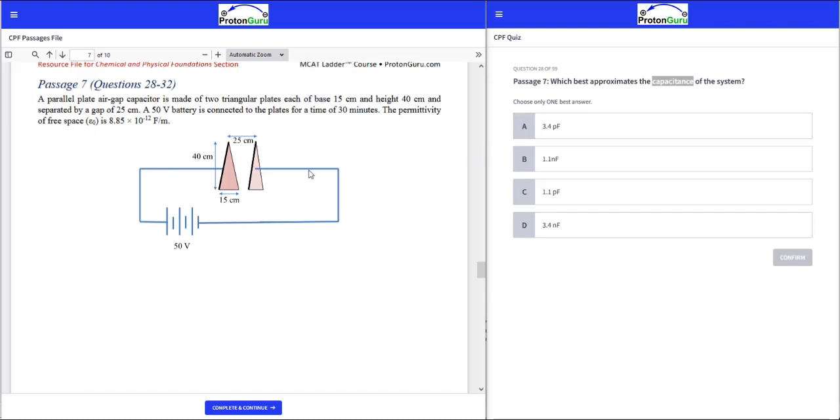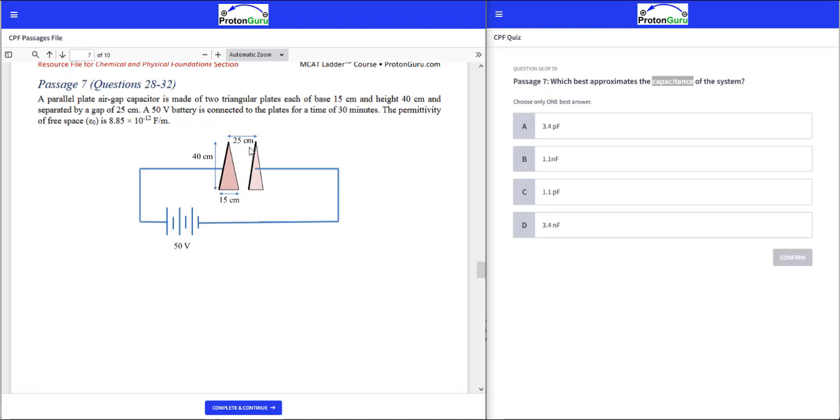Looking back here, we see that they give us these dimensions in centimeters: 15 centimeters, 40 centimeters, 25 centimeters. But we need to use meters so that we can use the units of the permittivity of free space, and the SI units are needed for volts and farads and all of that. So we're going to convert these to meters.